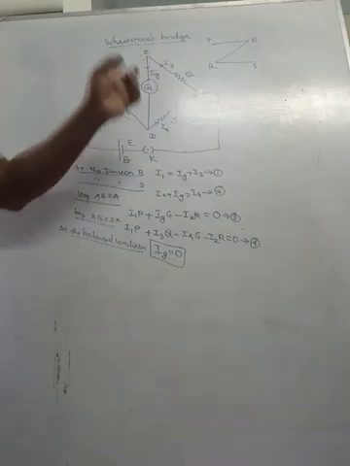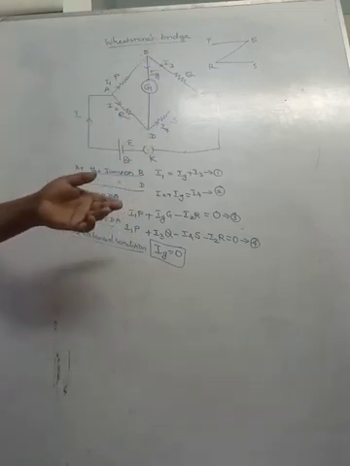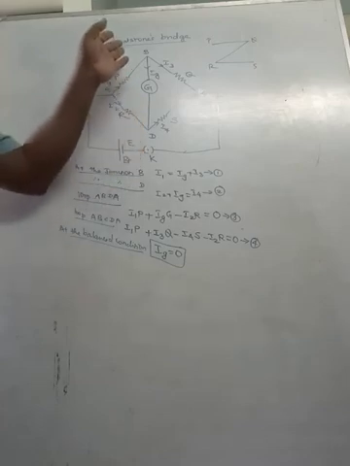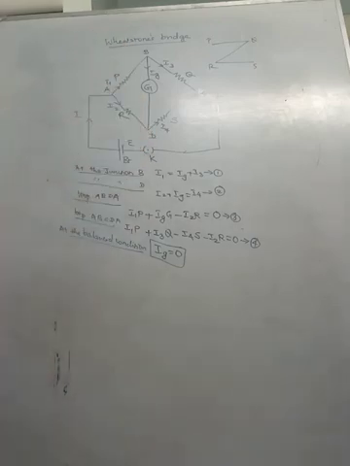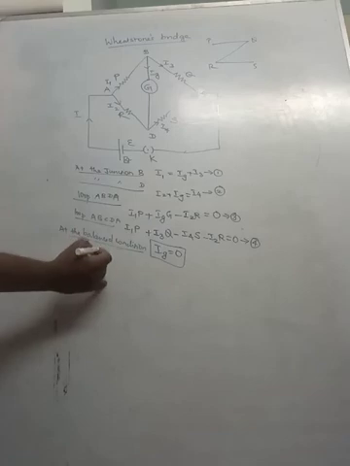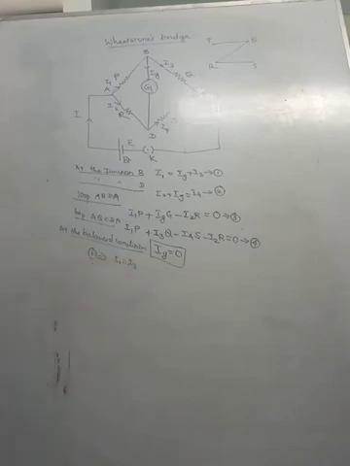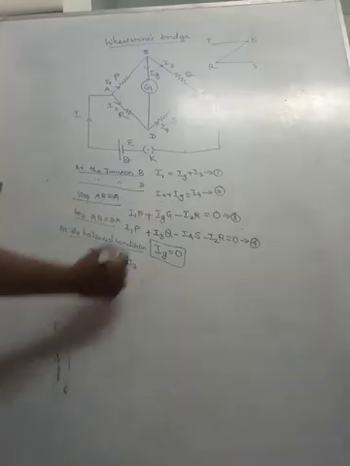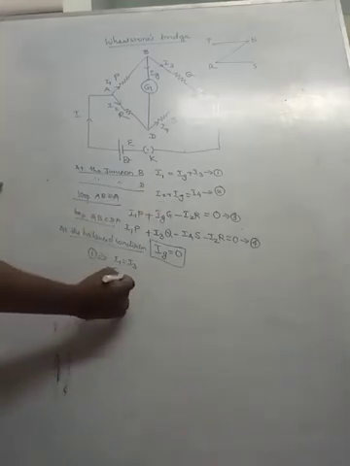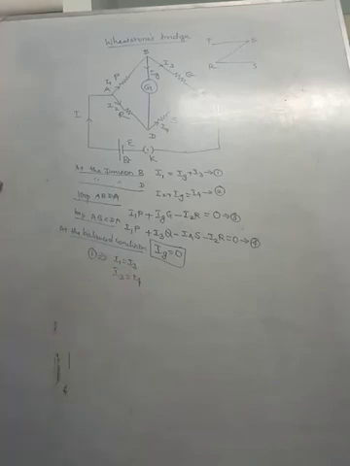If VB and VD are equal, there is no difference in potential, so no current will be flowing through the galvanometer. So Ig will be equal to 0. If Ig is 0, what will happen to equation 1? Equation 1 will become I1 is equal to I3. Equation 2 becomes I2 is equal to I4.